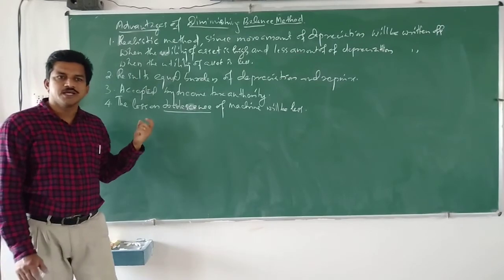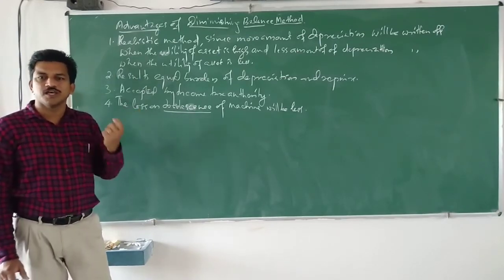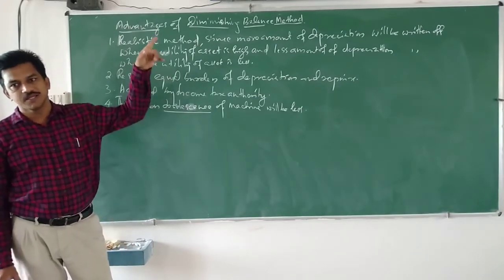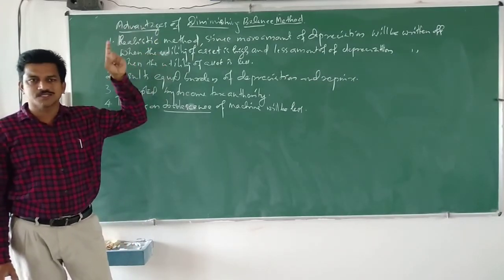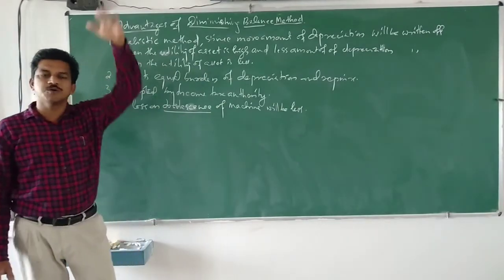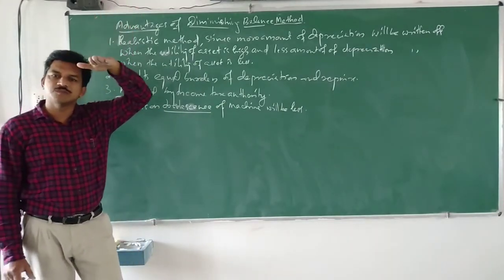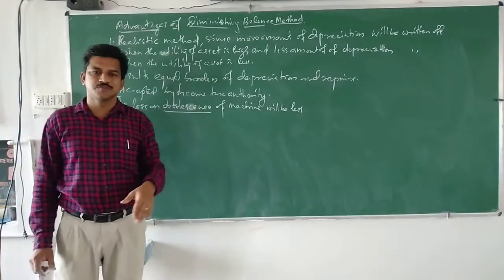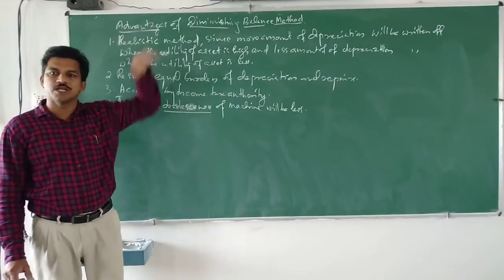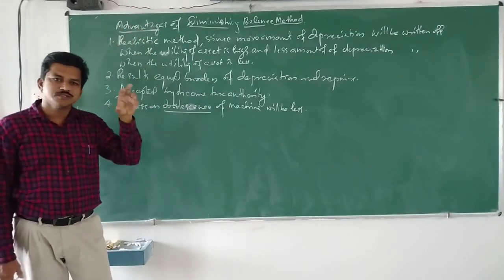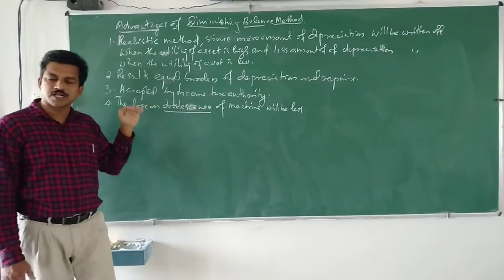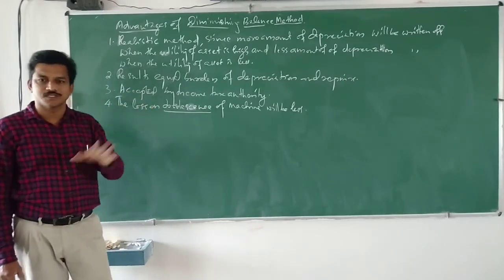Okay. So here a large portion of the cost of the asset will be written off in the initial years. See, in that 2 lakh rupees asset, 20,000 rupees we have written off in the first year. So a large amount of depreciation will be written off in the initial years, and since we are writing off a large amount in the initial years, the written down value of the asset at the time of its end will be less.